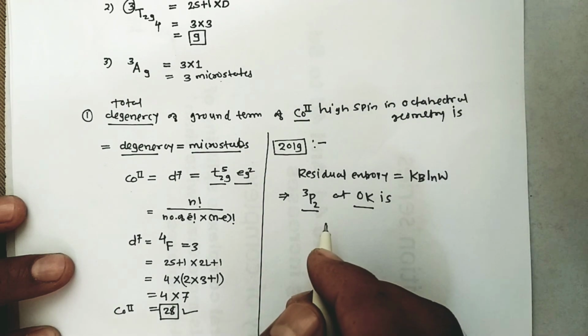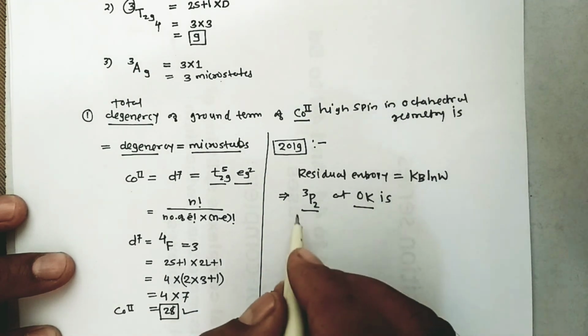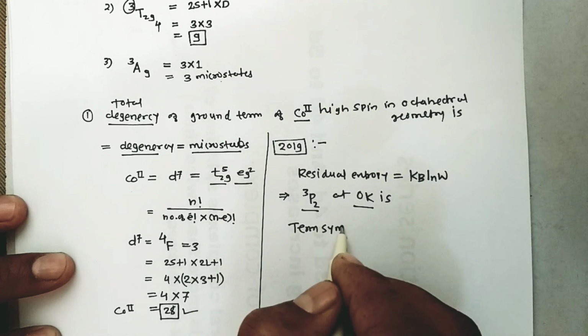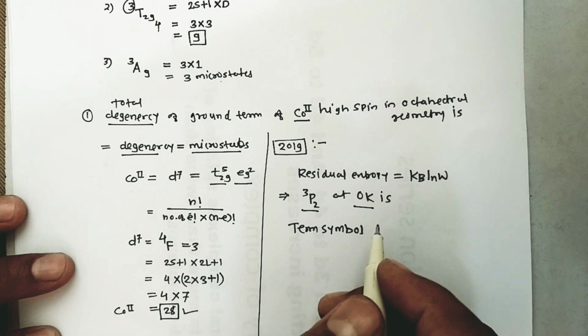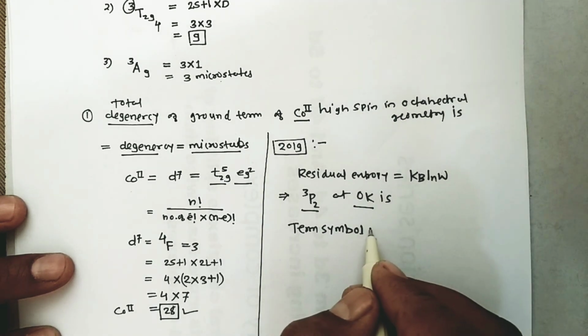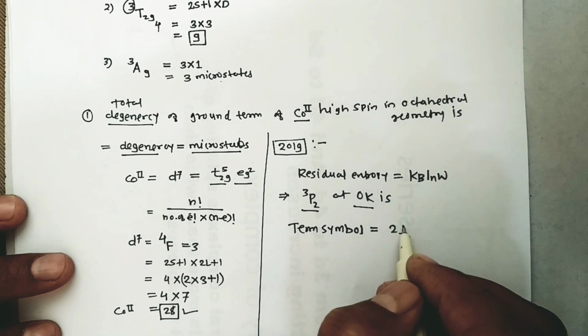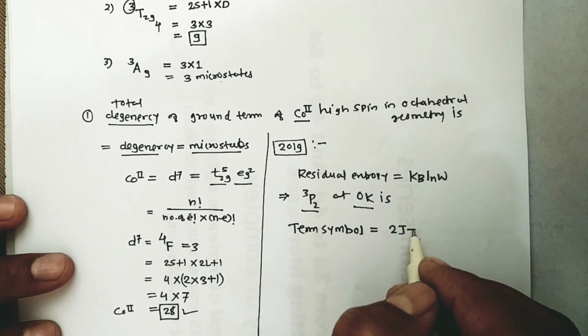Here what is given? The term symbol. And we have seen when the term symbol is given, we have to use the formula 2J plus 1.